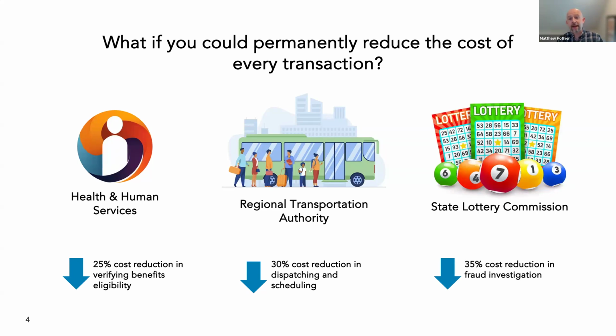Fraud is a big thing, right? Imagine reducing fraud investigation costs by 35% by replacing fragmented legacy systems with a modern platform. So instead of investigators manually compiling data from multiple databases and sales systems and things like that, you could leverage automated analytics to actually cross-reference patterns across all those systems and to flag potential fraud in real time.